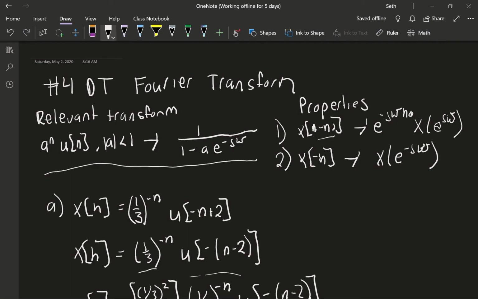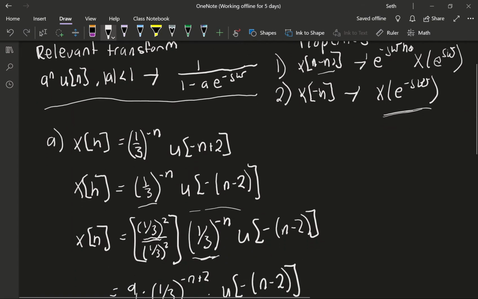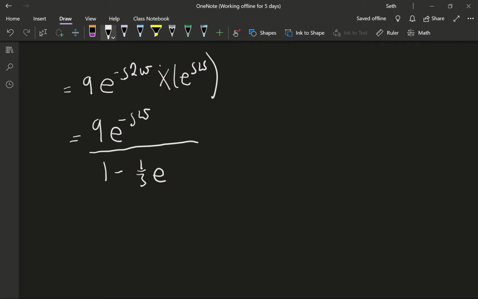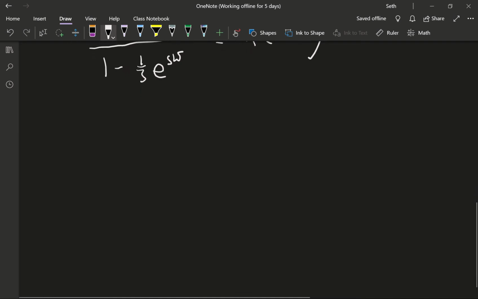So normally we would have e^(-j omega), but remember the reversal has the effect of taking the opposite there, so we can finally write the final answer as 1 minus a, which is 1/3, times e^(j omega), because of the time reversal. And that is the final answer.